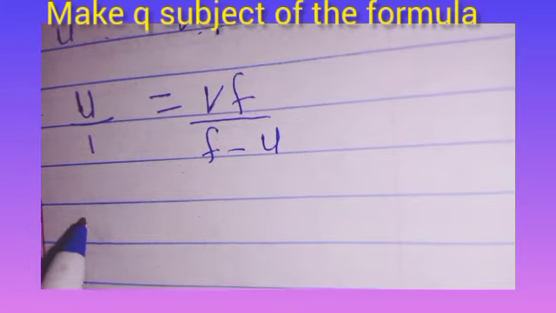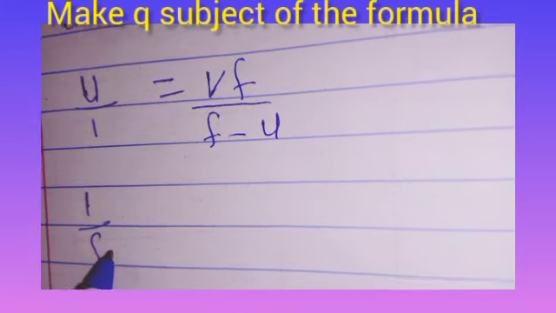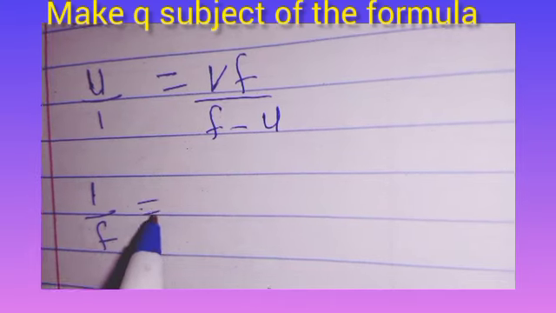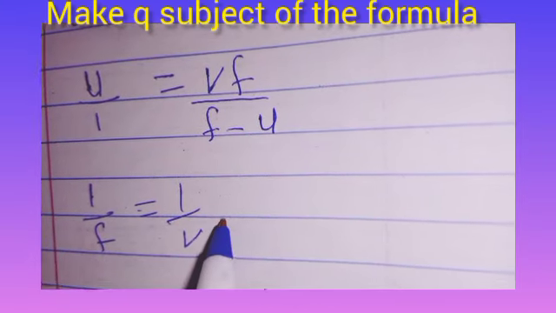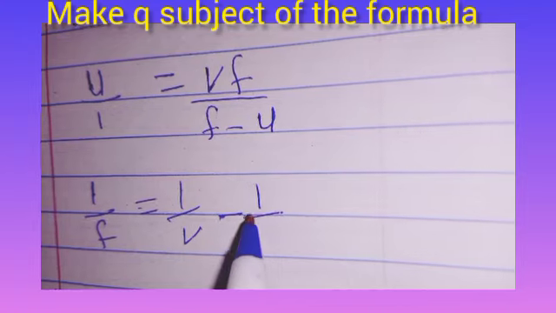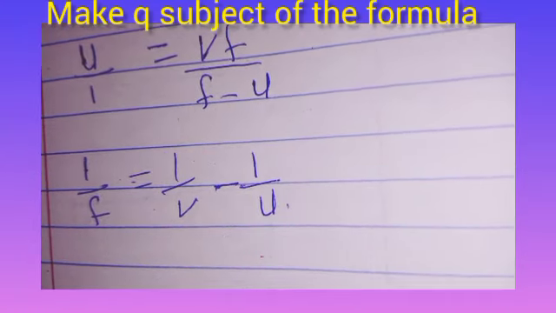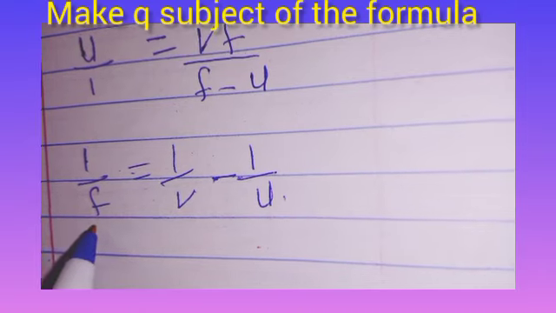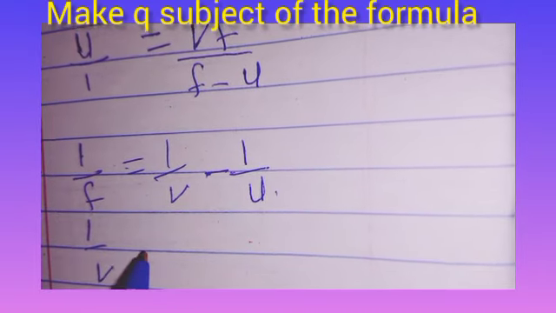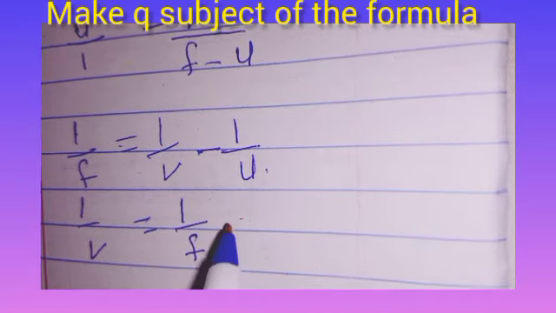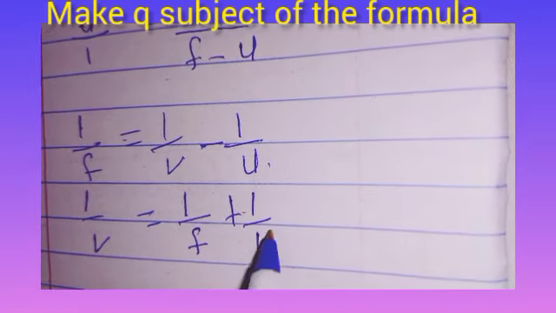So that is the subject. Now from 1 over f, which is equal to 1 over v minus 1 over u. To make v the subject of the formula, what we do, we will have 1 over v is equal to 1 over f plus 1 over u.